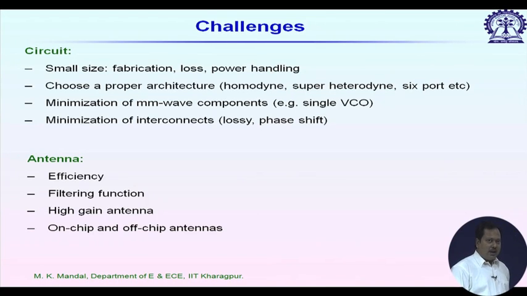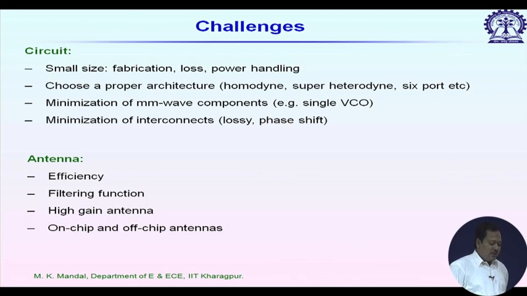Whatever we design at millimeter wave frequency will give very low efficiency, because a part of the power we feed to the antenna will radiate and the rest will be absorbed in the antenna structure itself, due to the loss. Since loss increases at millimeter wave frequencies, antenna efficiency, or radiation efficiency, will decrease.